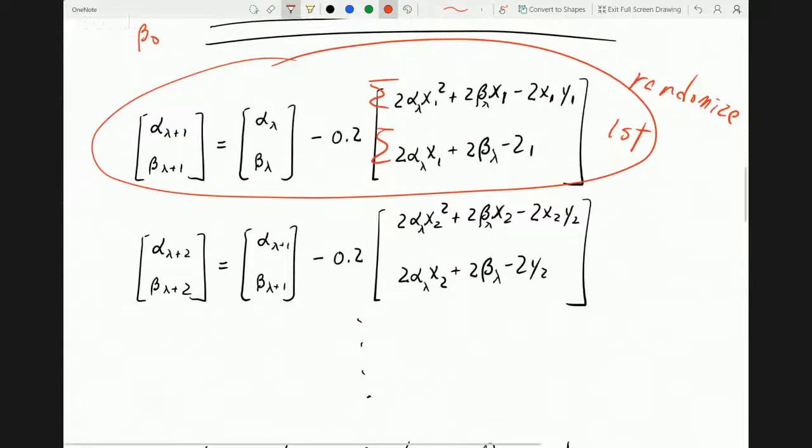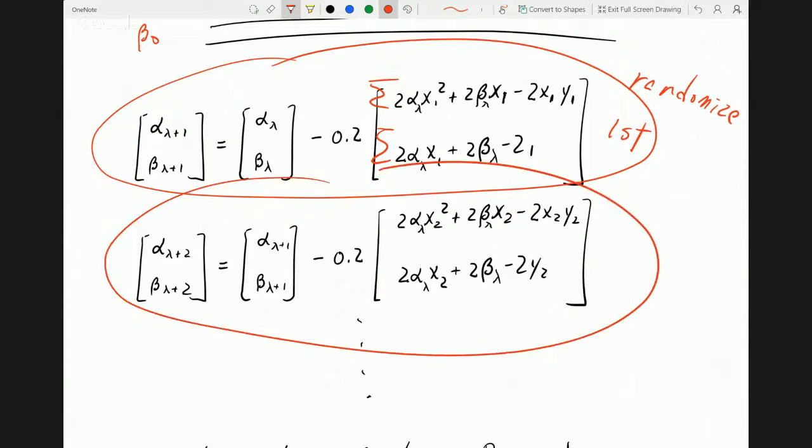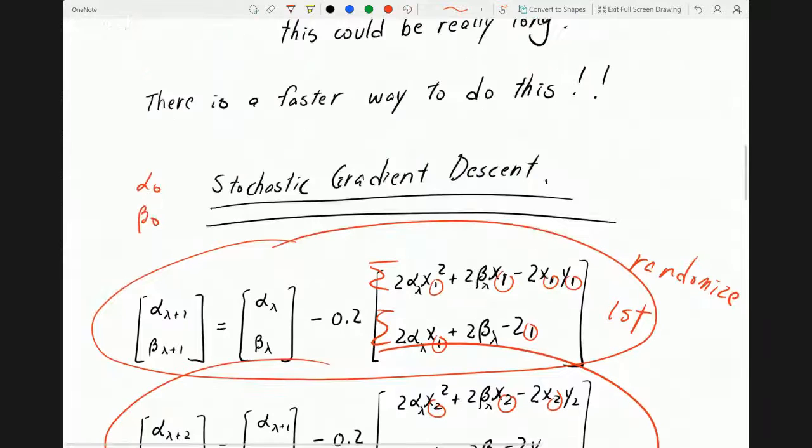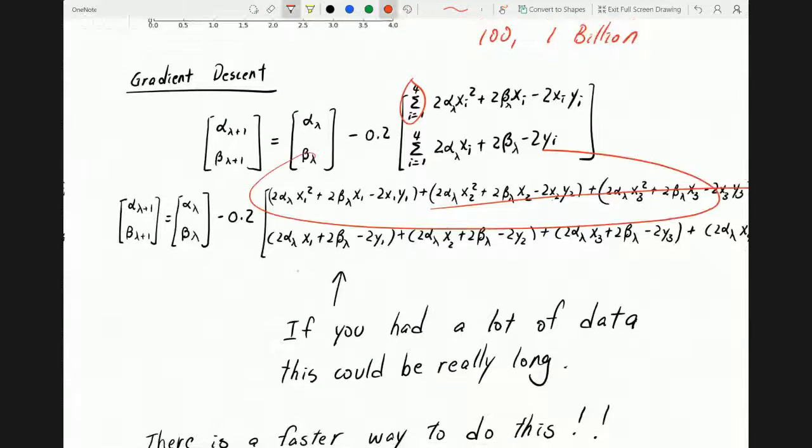And then you pick the second one. Now you see this is x1, y1. Now you pick x2, and you solve gradient descent. And then you do x3, x4, and so on. So instead of needing to sum up all of them, you just do them one at a time.